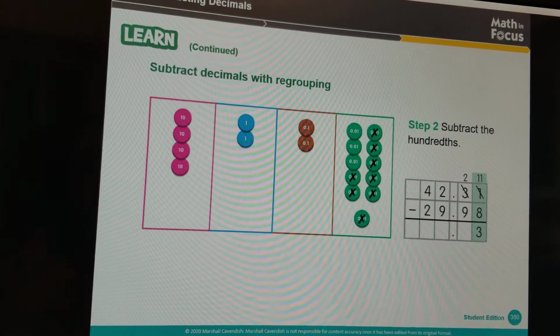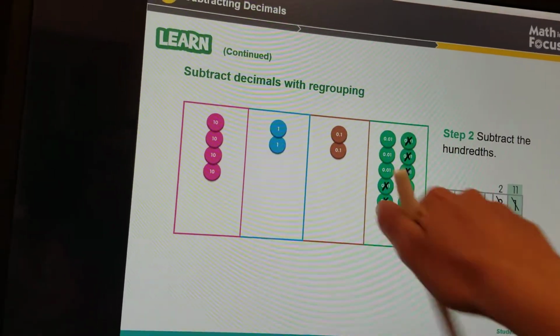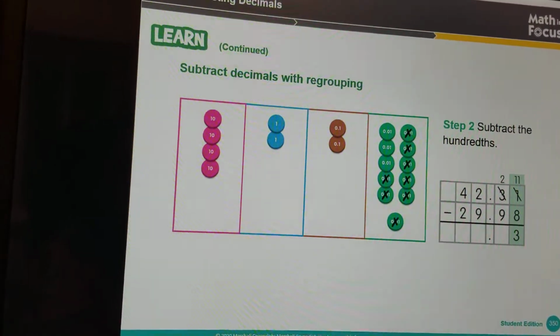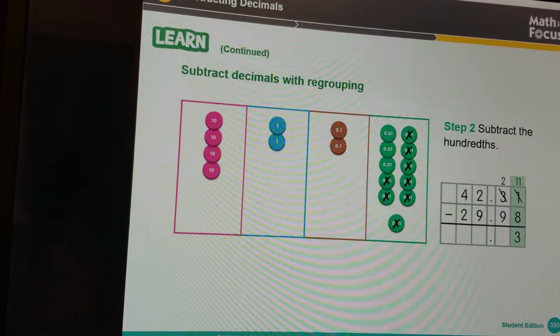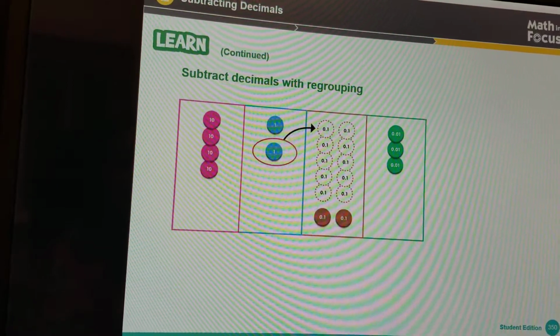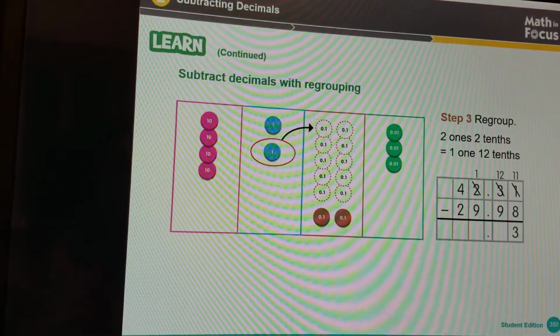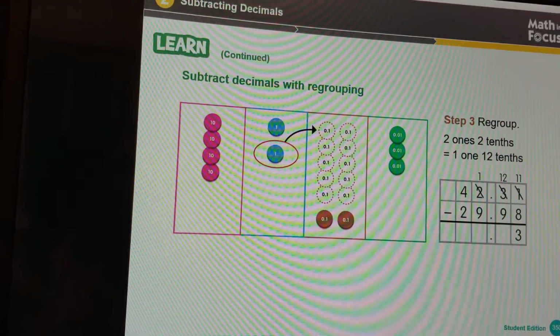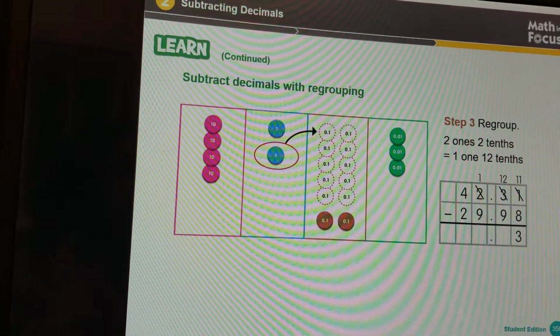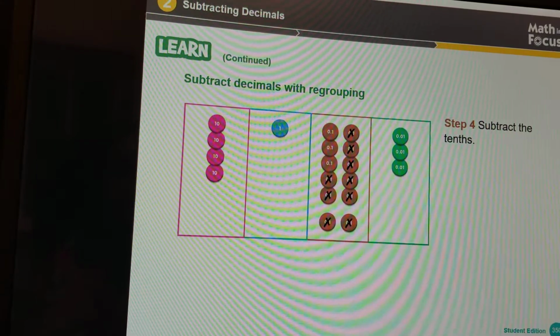It's subtracting. Now I have 2 hundredths left right there. 2 minus 9, and now I'm going to be exchanging 1 for 10 tenths, so I can continue my subtraction.